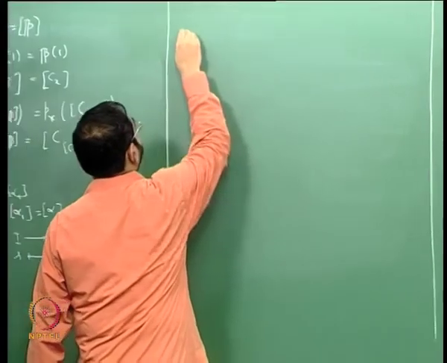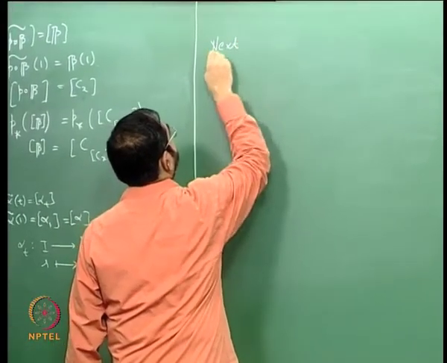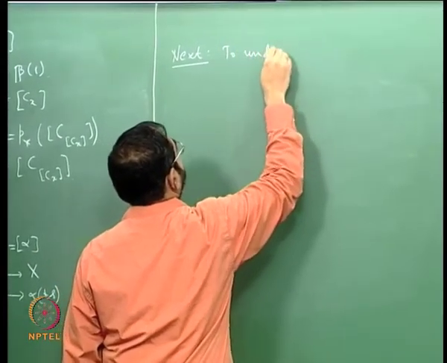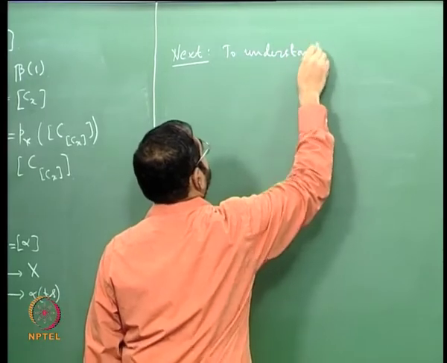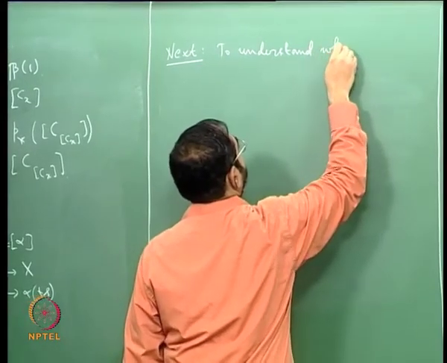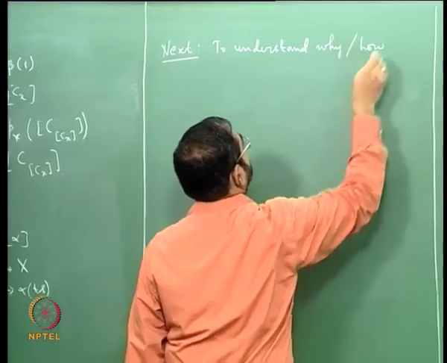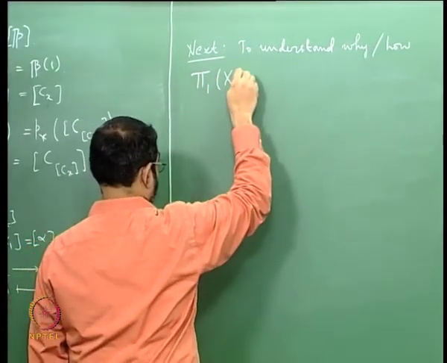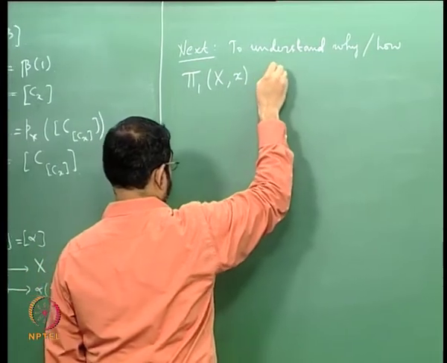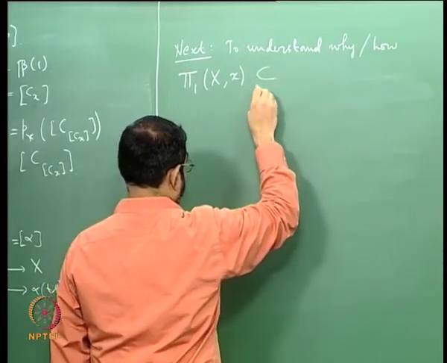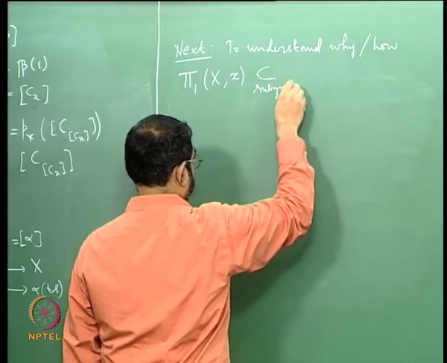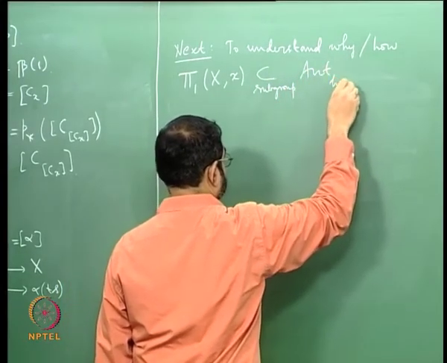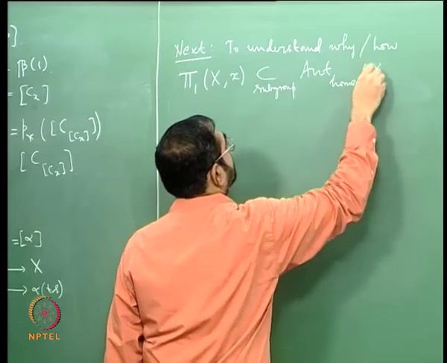So next, to understand why or how the fundamental group of x comma x is a subgroup of the automorphisms, homeomorphisms of the universal covering space.